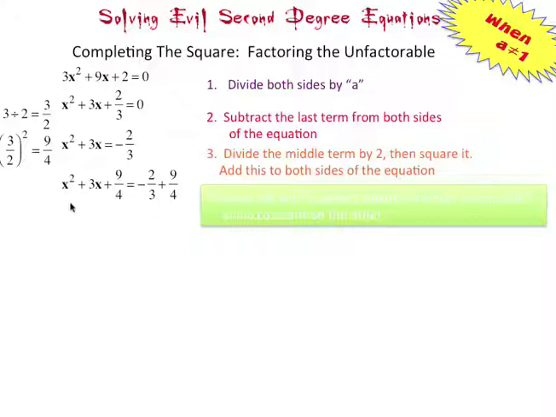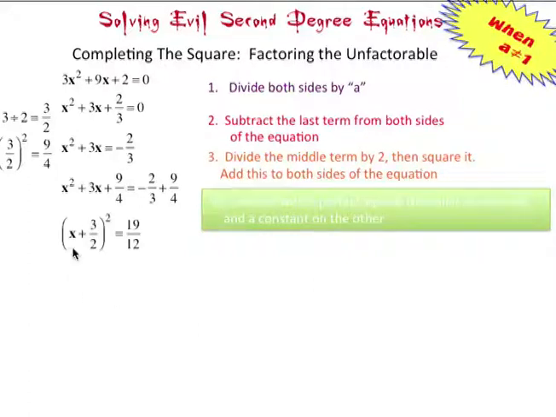So this is a perfect square trinomial on this side, and this is a nice constant on the other side. So I'm going to factor my perfect square trinomial. So the square root of the first term, this sign, and the square root of the last term, which is going to be 3/2. So we end up with x plus 3/2 all squared is equal to 19/12. And then I'm going to take the square root of both sides.